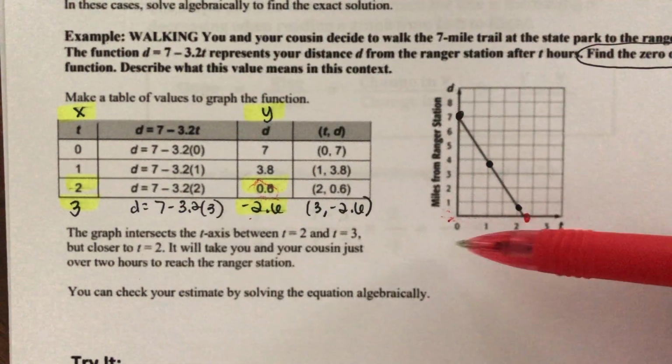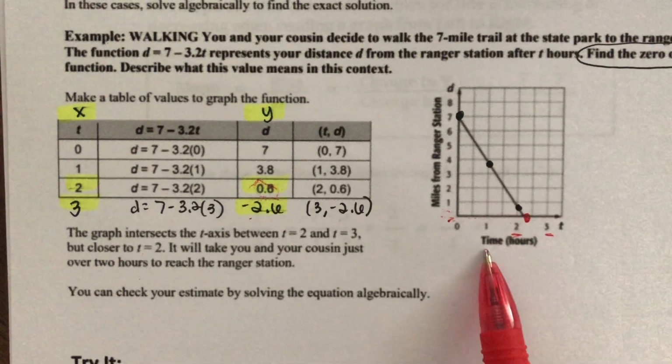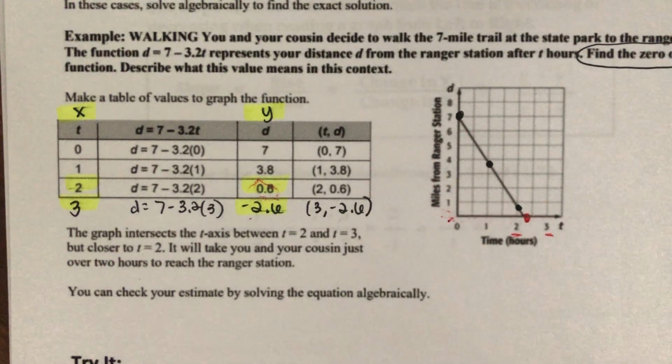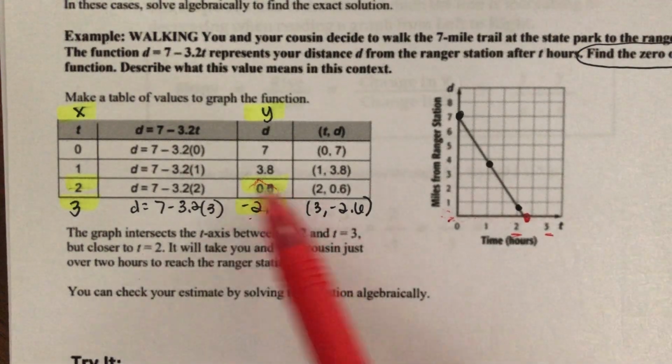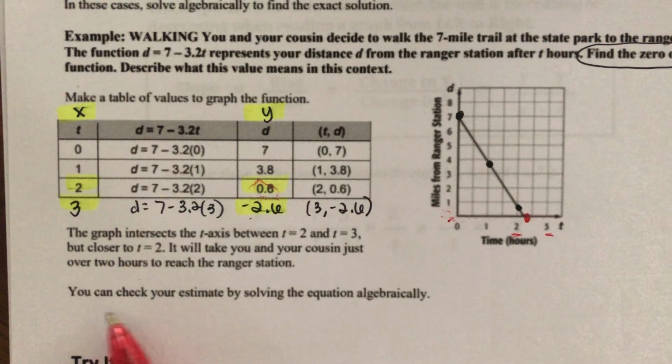So whenever you're finding a solution, if it's in a word problem and you have a graph that actually labels stuff, it's not just an x and a y axis, make sure you're able to interpret that graph, right? Make sure you're able to understand what those numbers are telling me. And then it says you can check your estimate by solving the equation algebraically. So real quick here, we can do that easily.